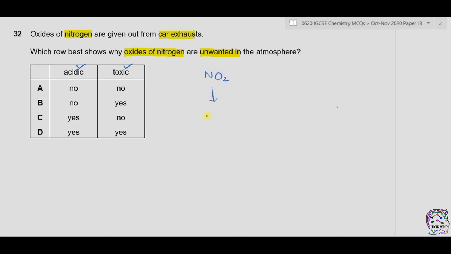As it is a non-metal oxide, non-metal oxides are acidic in nature. And this is also toxic because it can dissolve in water to form acid rain. So nitrogen oxides are acidic and also toxic. The answer is D.